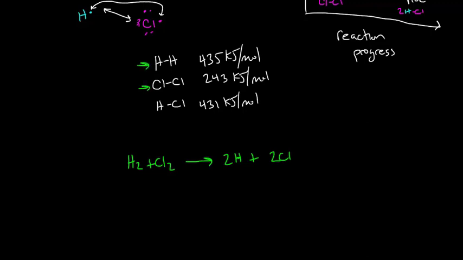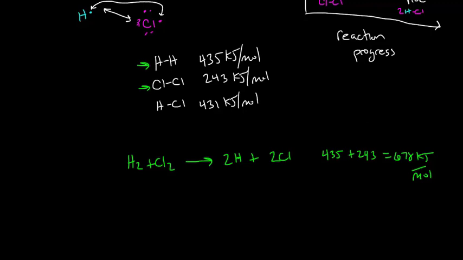This bond energy is going to be 435 plus 243 kilojoules per mole. So overall, this gives us 678 kilojoules per mole. So this would actually be our activation energy. This is the amount of energy it takes for the reaction to actually occur. There needs to be 678 kilojoules per mole of energy around if this reaction has a chance to happen.